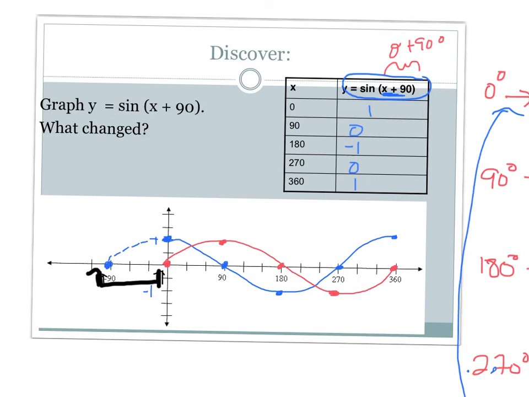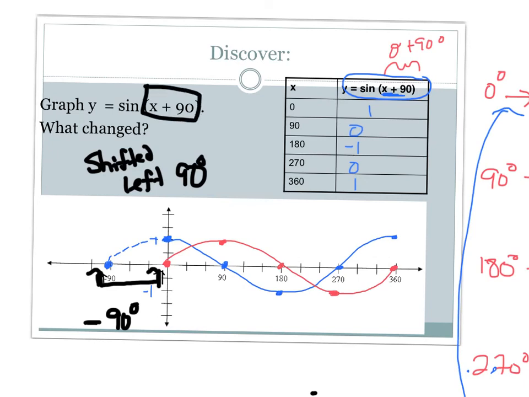How many degrees are we changing here? 90. And we went backwards 90 degrees. So we shifted left 90 degrees.